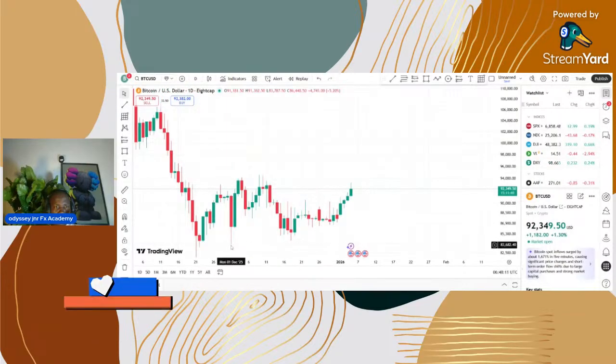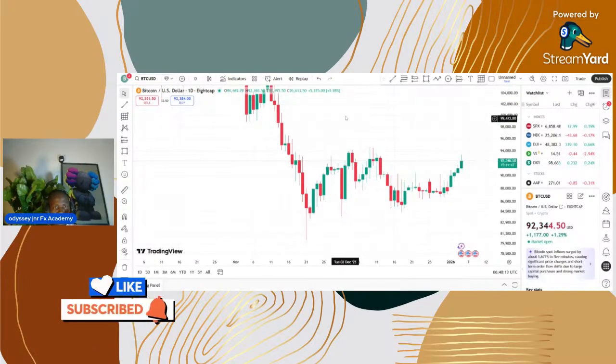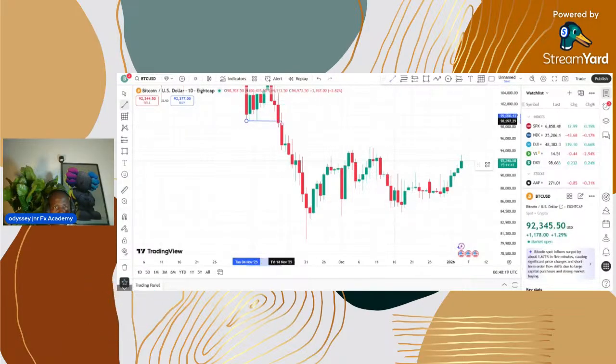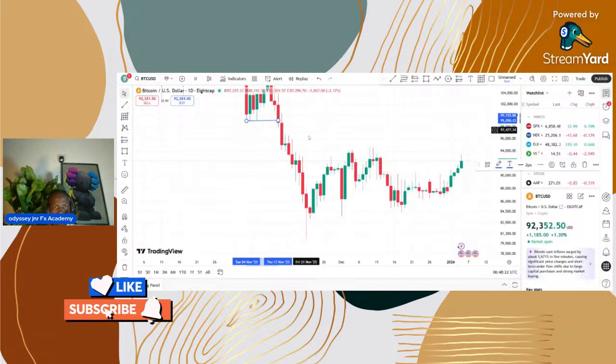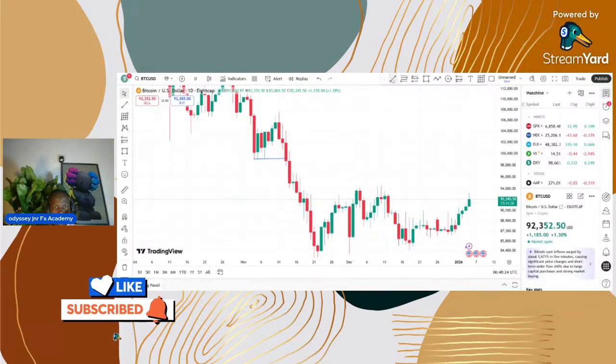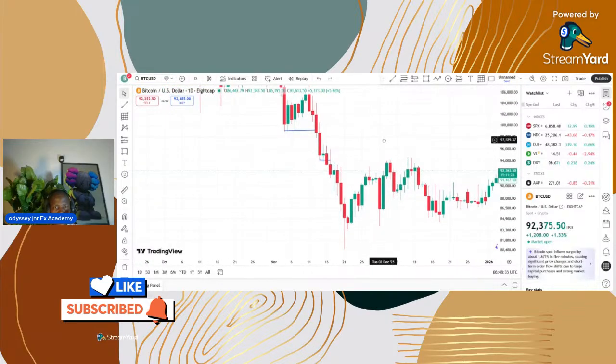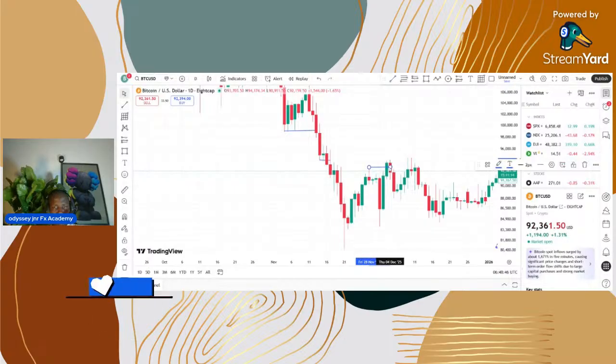Let's spread this so that I can see very well. So this is a break of structure to the downside. This is this tiny break of structure here. From here, we have a change of character here. We have this change of character because it broke to the upside.